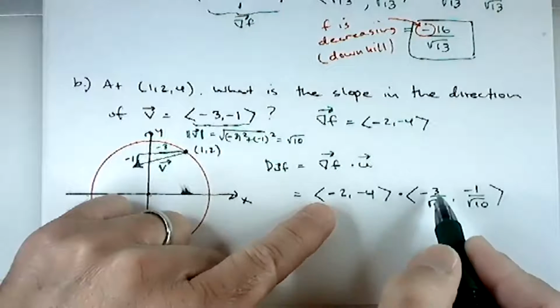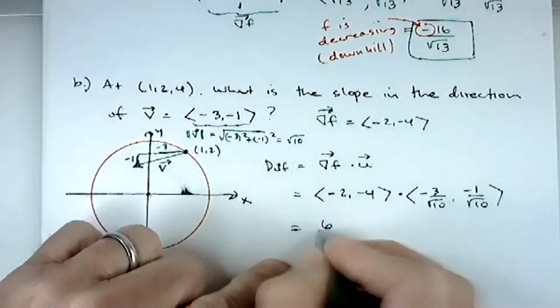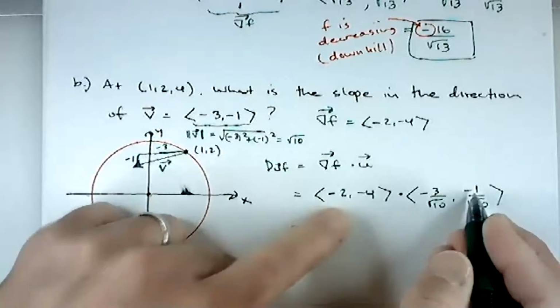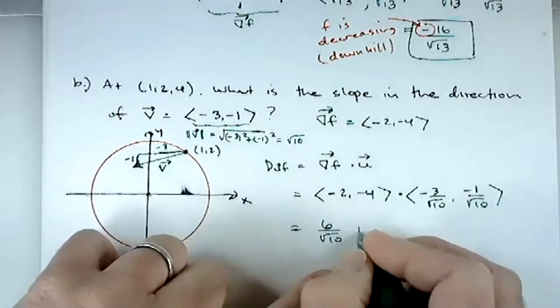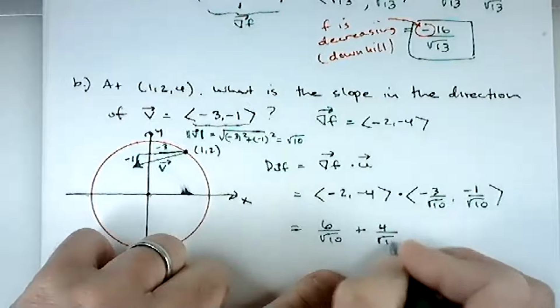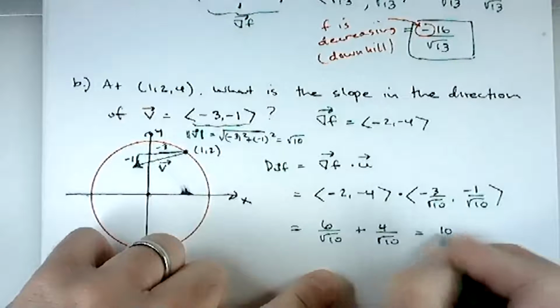Now I get -2 times -3, 6 over root 10, plus 4 over root 10 from the second term. So I end up getting, as expected, a positive slope.